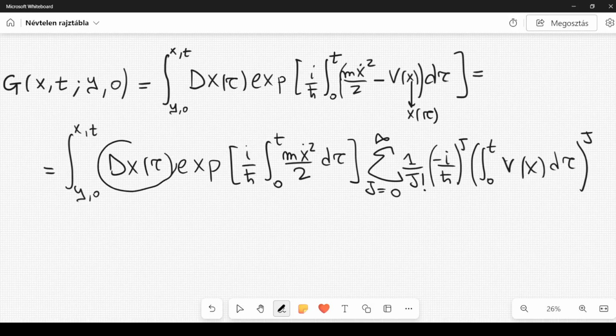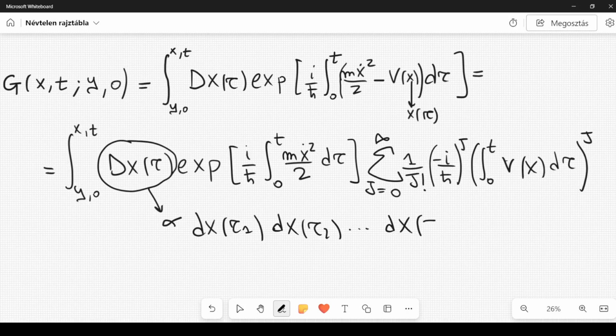Remember that this measure here is proportional to an infinite amount of products of differentials of the kind dx, dx of tau 1, dx tau 2, dot dot dot, dx tau n. So the integral is usually discretized so that the differences between these time values are infinitesimal.